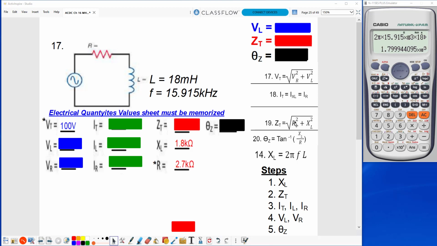So I need ZT. It's equal to the square root of R squared plus XL squared. So I'm going to first open square root. Here's the square root button. I open square root right here.